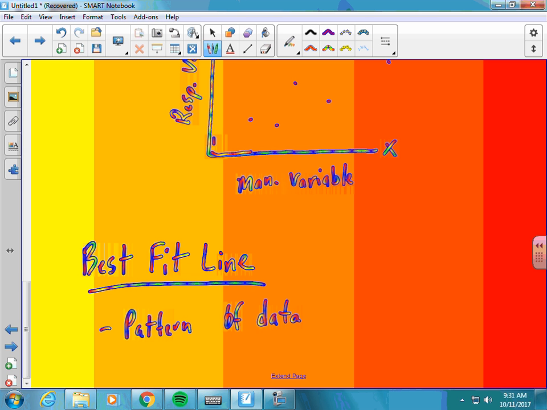We're going to be drawing a line right through the middle of our data points, rather than connecting them up and down.